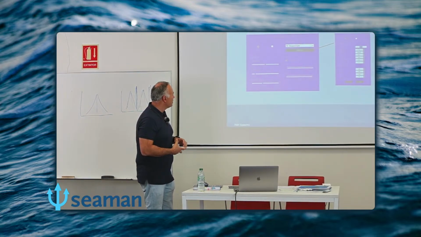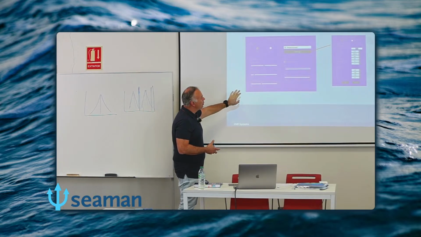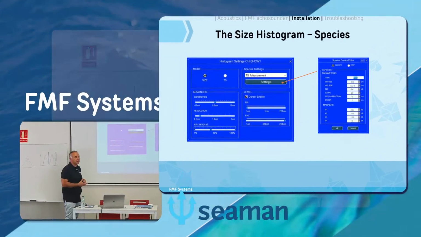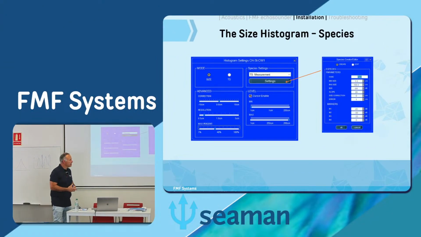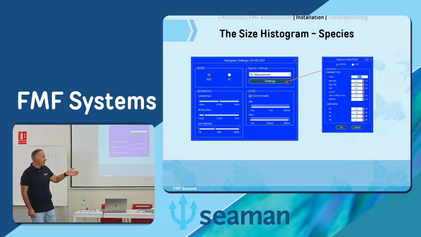Here you see this image shows the adjustment menu, the adjustment window of the histogram. And if you click the settings button in this menu, in the specific part of a species setting, if you have it available, if it is a 900 and you bought the species package, you will have it available.